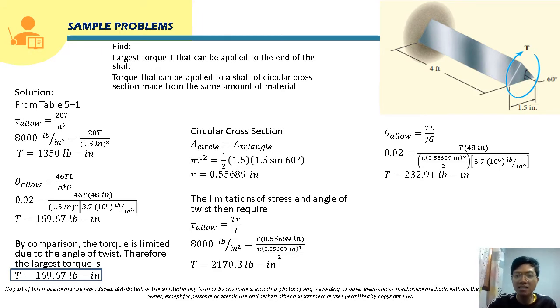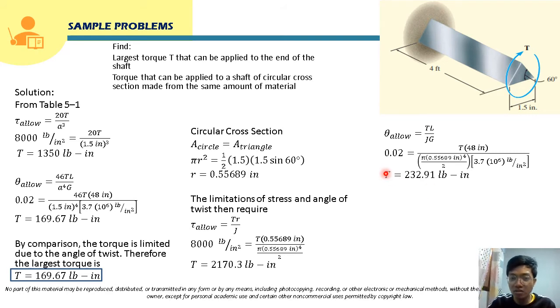Class, we are going to use the smaller value here. This is the allowable torque that can be applied to the shaft having a circular cross-section.